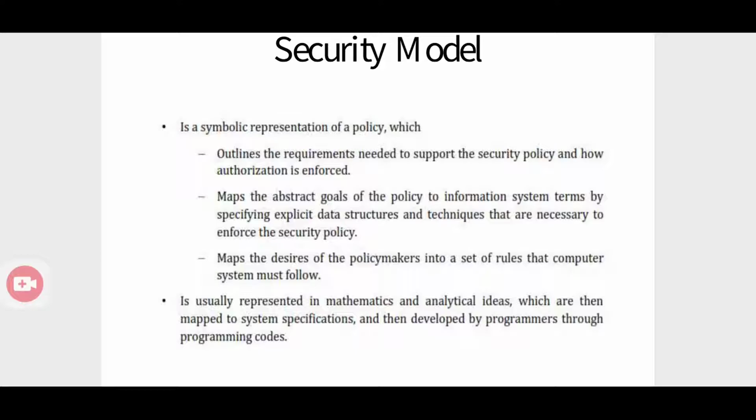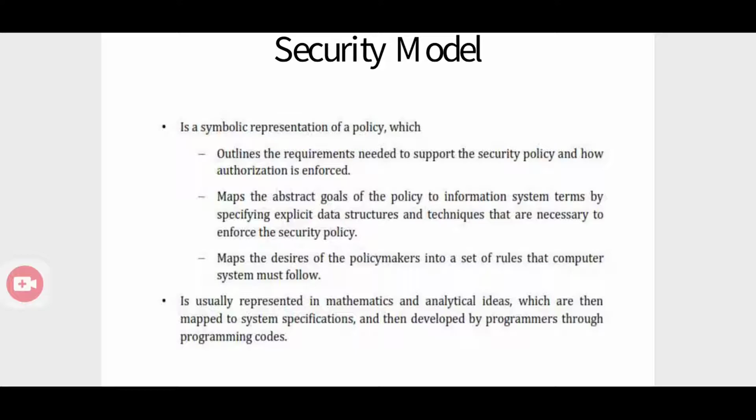Also, it maps abstract goals of the policy to information system terms by specifying explicit data structures and techniques that are necessary to enforce the security policy.